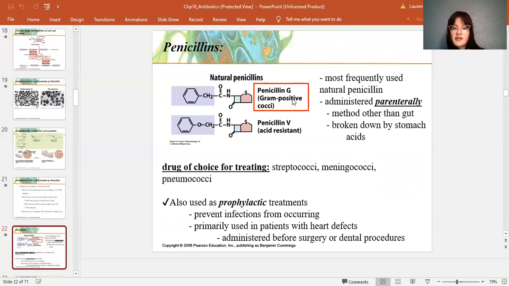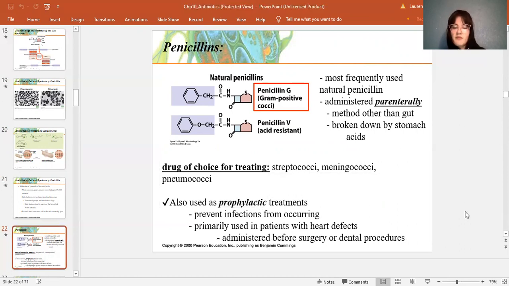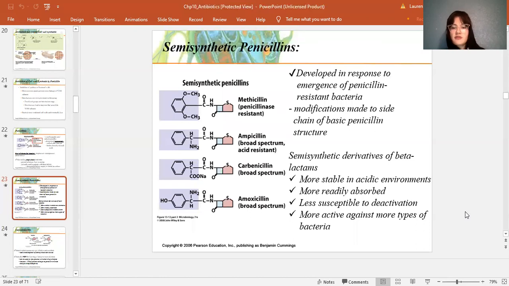You don't need to know penicillin G versus penicillin V. Do know that it's usually given parenterally, because we have to think about if it's ingested, will it last through the stomach acid? And then also know what prophylactic means. Okay. I'm pretty sure she went through that in lecture.